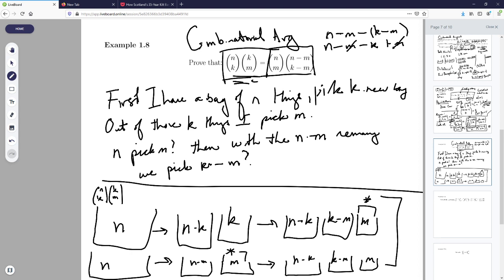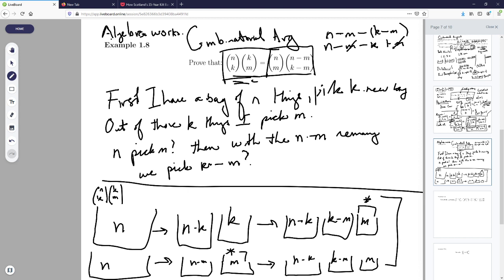Now, if you wanted to use algebra, algebra works, as it turns out.